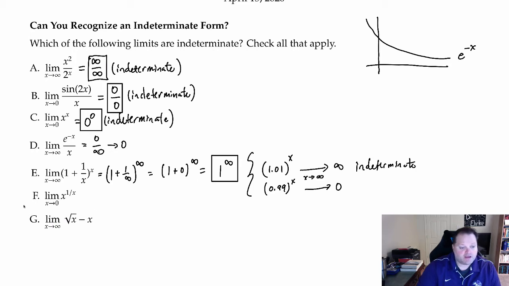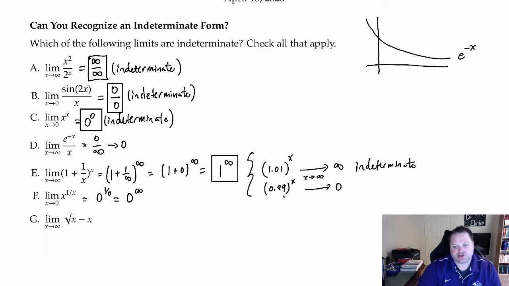All right, if you look at f is 0 for the base, 1 over 0, and if you think about 1 over 0, that's becoming very large. So this is 0 to the infinity. So the question is, what do we think about this one? Well, if you think about 0 to the infinity, this is a number which is heading towards 0 for the base, and we're repeatedly exponentiating it.